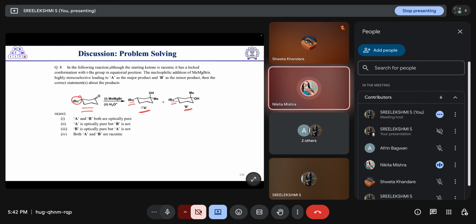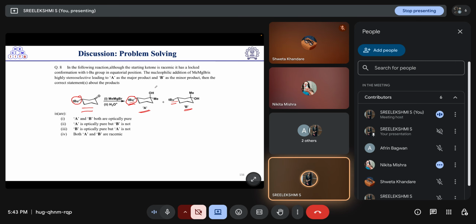For enantiomers, they should be mirror images. But they are not mirror images, because this is already fixed here. Only this center is changing, right? So we can say they are diastereomers, because one is fixed, only one center is changing.